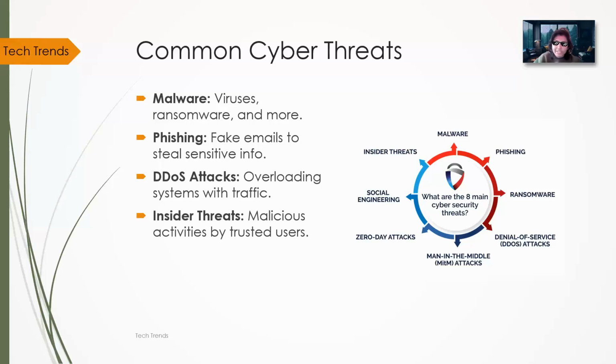Then are insider threats. These are activities done by your trusted users. For instance, in a corporate world, a colleague of yours can leak sensitive information knowingly or unknowingly, copy-pasting it into any of the Gen AI applications, and that data may be sensitive. Then we have zero-day exploits.